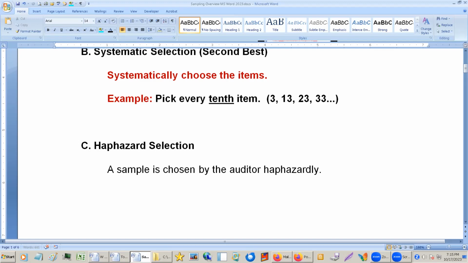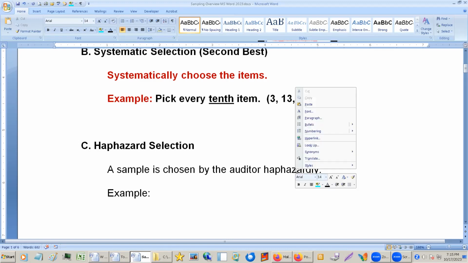Haphazardly. Let me give you an example. Is there a synonym for that? Chaotically. That's a good one.